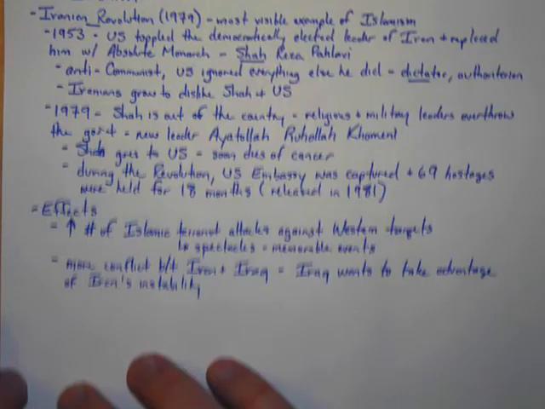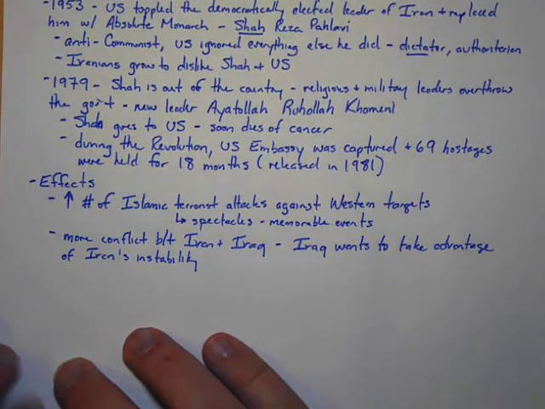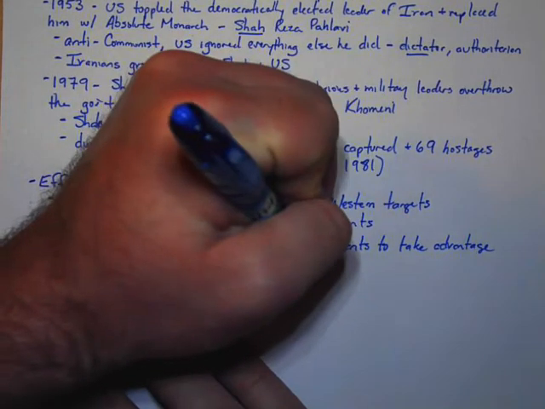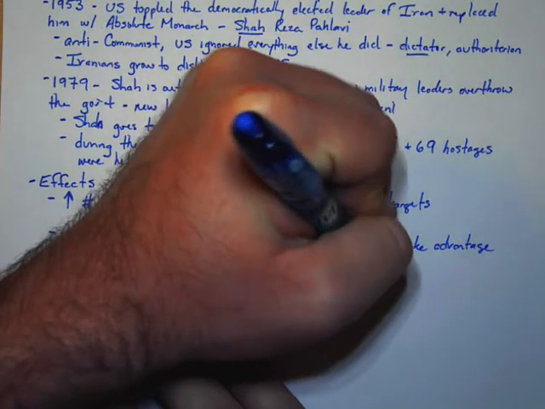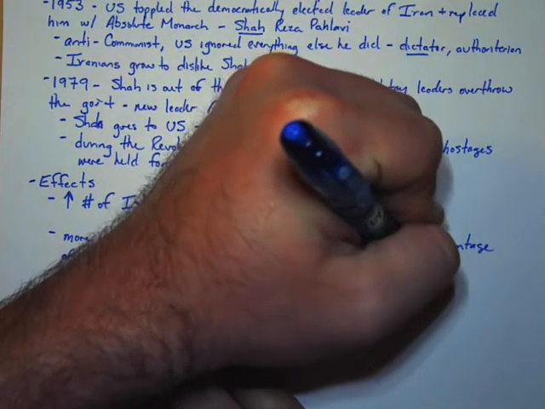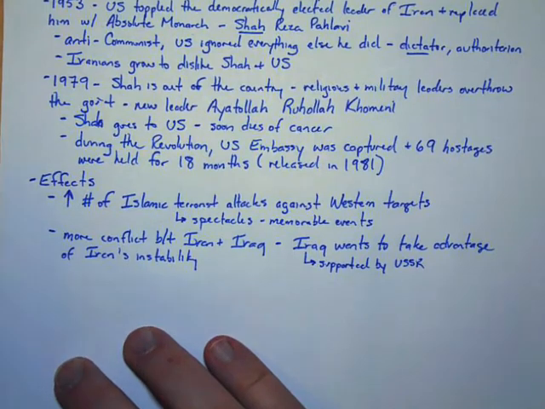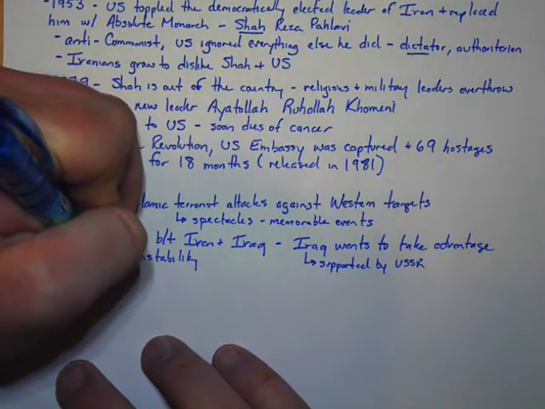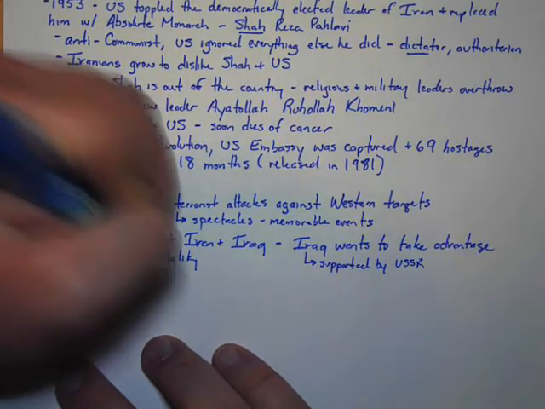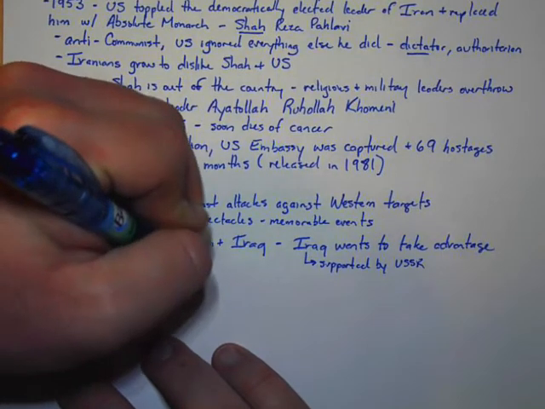Now, this puts the United States in a really awkward position because Iraq is still supported by the Soviet Union. And Iran used to be supported by the United States.